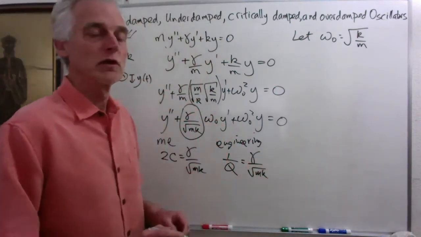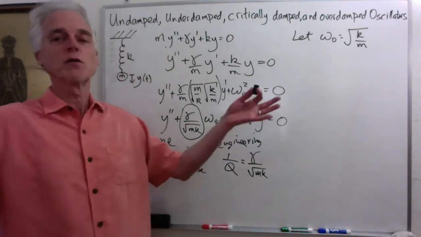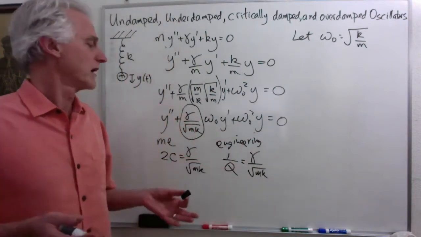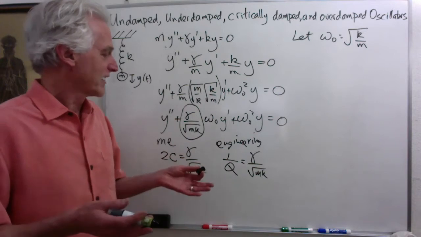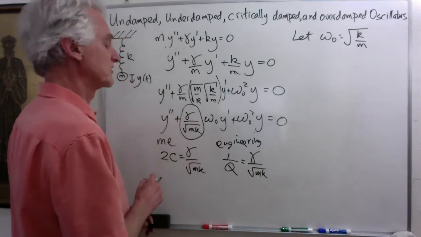So Q is the quality factor of the oscillator. And you often hear about a high Q oscillator. There are some things where a high Q oscillator might have 10 to the 11th or something, a really huge Q, a really small C.